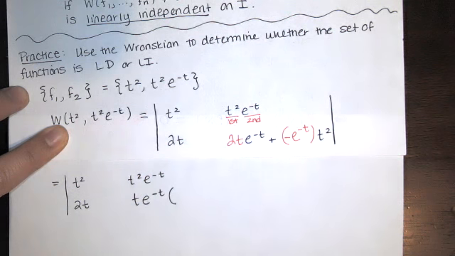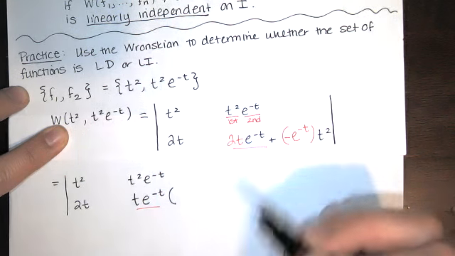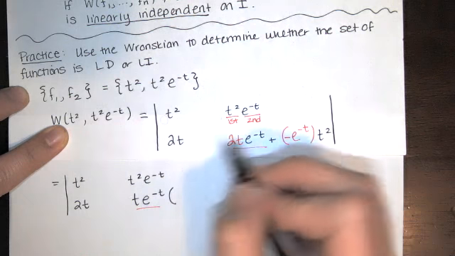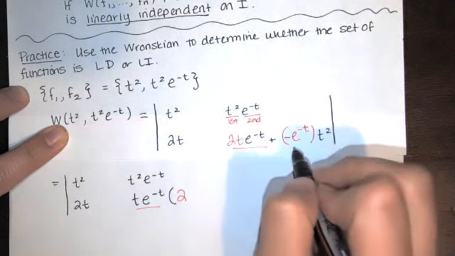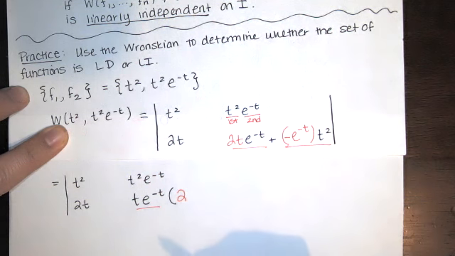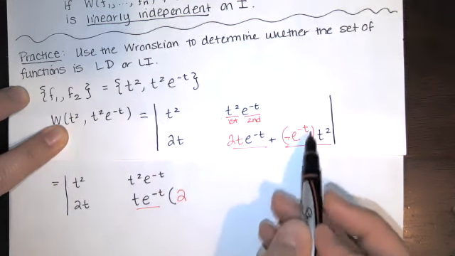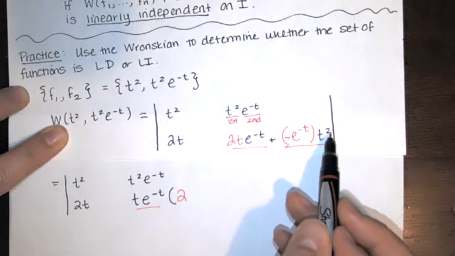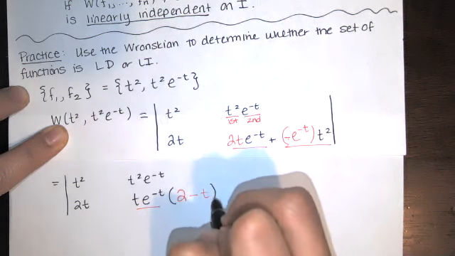And then we ask ourselves, this times what will give us this first term? Well, the only thing that's missing is a 2. So we'll just put that there. And then we ask ourselves, this times what gives me my second term? Well, I'm missing a negative, and I already have this, and I have one of these t's, so I need another t. So I've got that there.